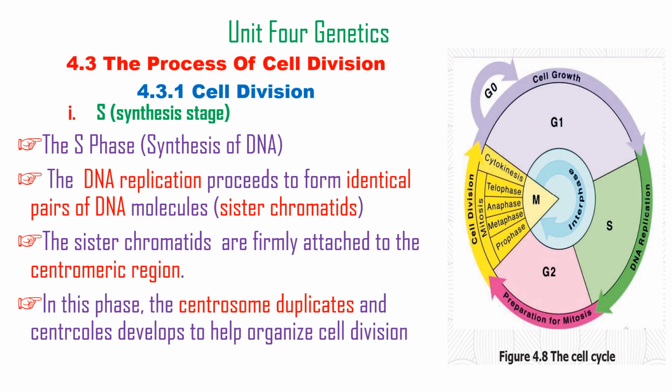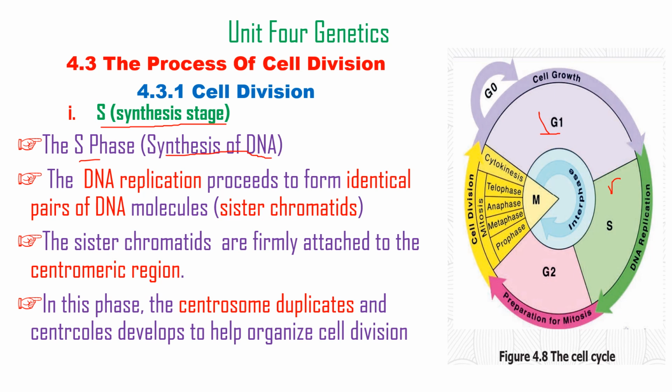So the second phase is known as the S, or synthesis, stage. Look, we talk about the G1 phase here, and also the G2 and the S stage. The S phase is known as the synthesis of DNA.